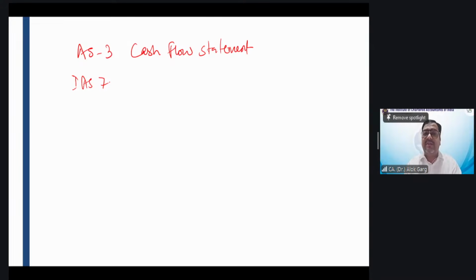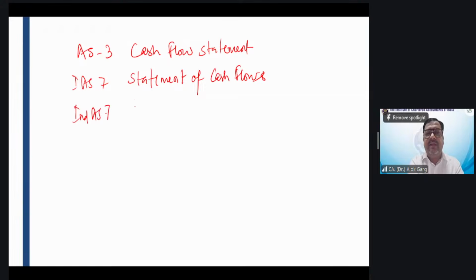The international accounting standard talks about the statement of cash flows. And accordingly, on 16 February 2015, when 39 Ind AS were notified in India, one of them was Ind AS 7, and the name of Ind AS 7 was Statement of Cash Flows.